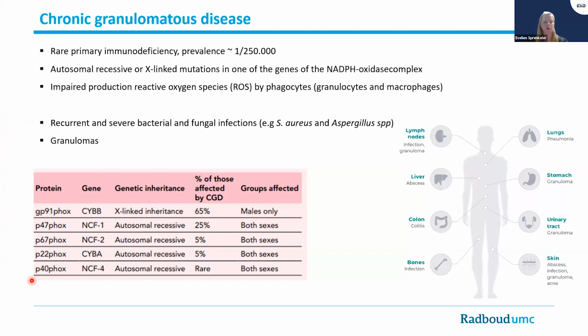The other subunits are affected by autosomal recessive mutations. Because the NADPH oxidase complex is not functioning, there's impaired production of reactive oxygen species by phagocytes, and this leads to recurrent and severe bacterial and fungal infections, especially from Staphylococcus aureus and Aspergillus fumigatus.